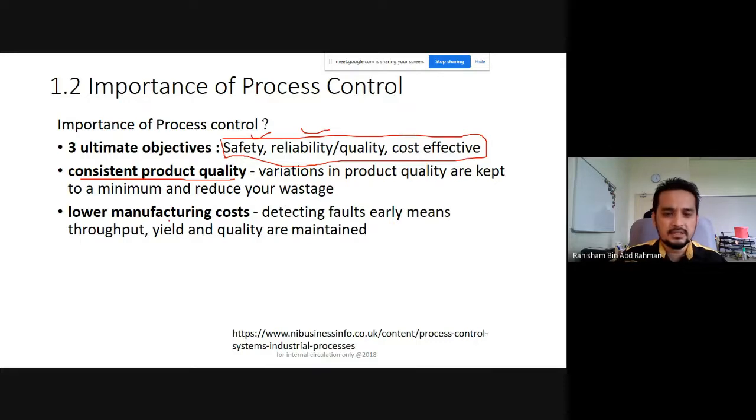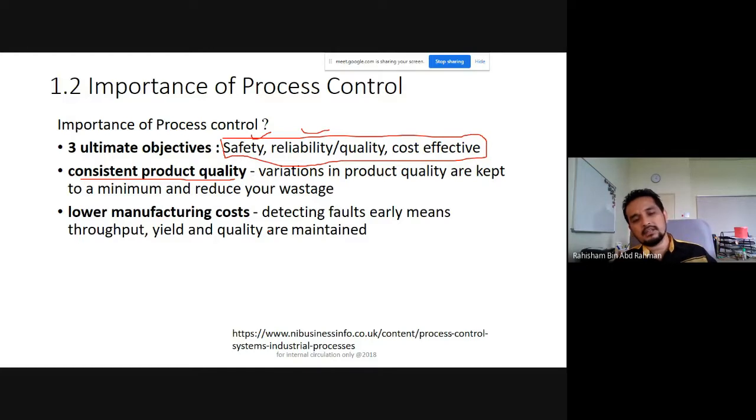Lower manufacturing costs: detecting faulty elements throughout the yield, so product quality is maintained. It means that with process control, the manufacturing company is able to detect faulty items in the first place, so that they can rectify them and the final output product remains high standard and high quality.